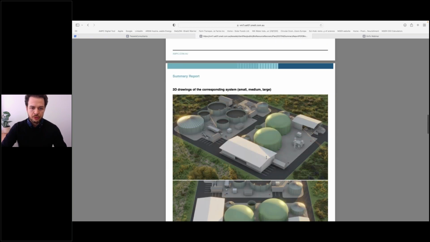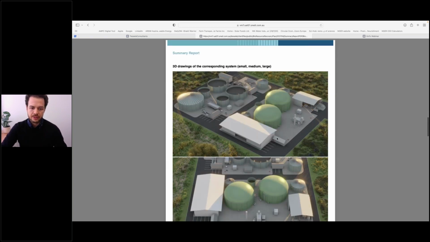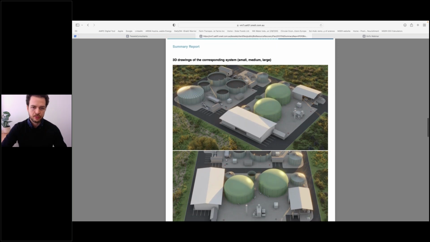In the following page, there will be the graphical representations of the system where the wastewater treatment plant is shown, the biogas plant is shown here as well, and the biochar plant at the very end here.